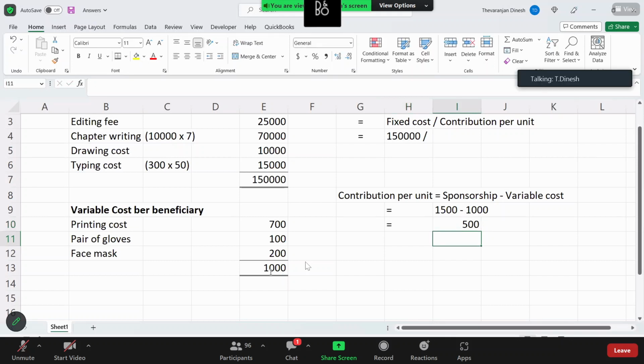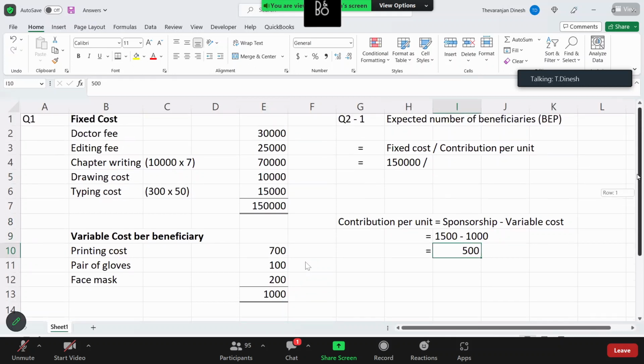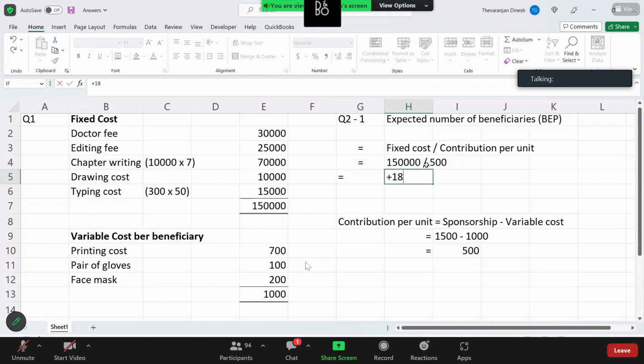For each unit, it contributes 500 towards the fixed cost. So now substituting in the previous formula, fixed cost divided by contribution per unit: 150,000 divided by 500, the answer is 300.